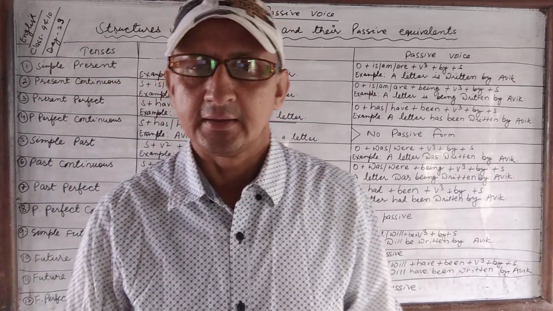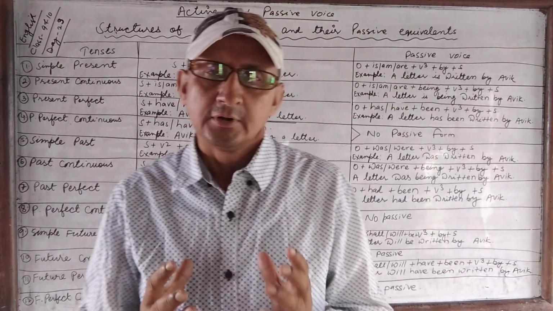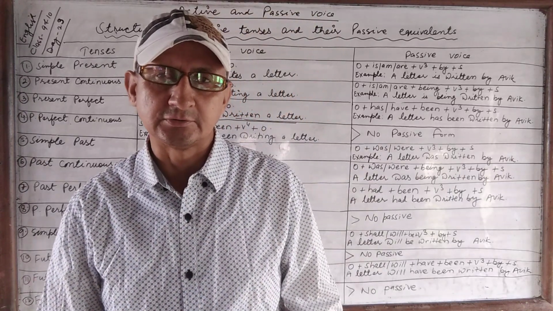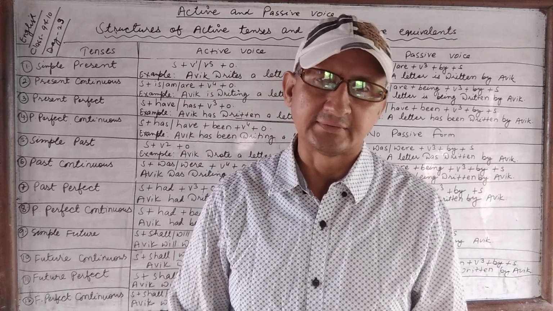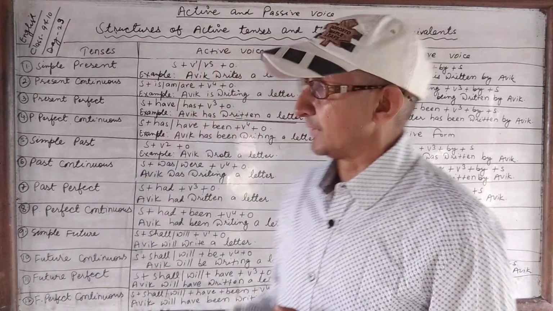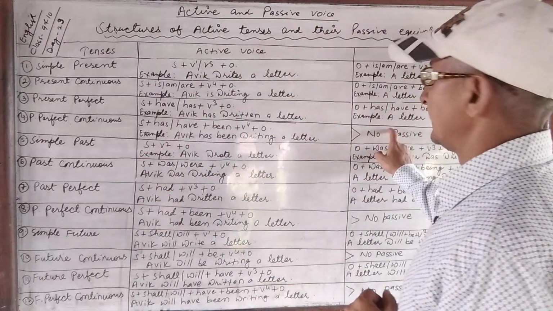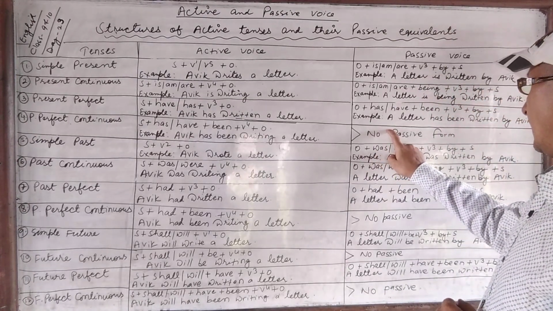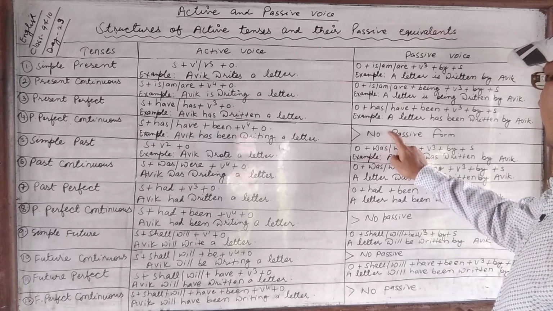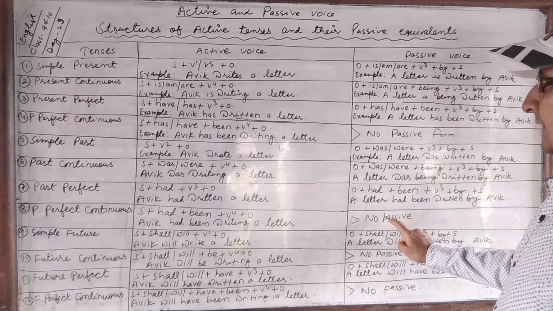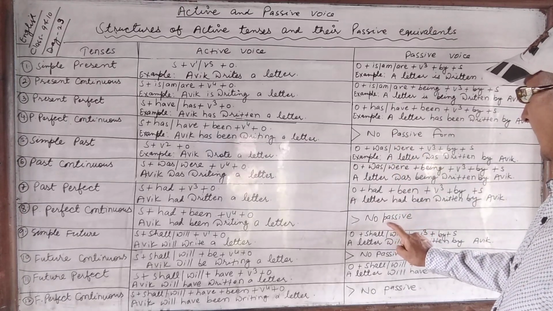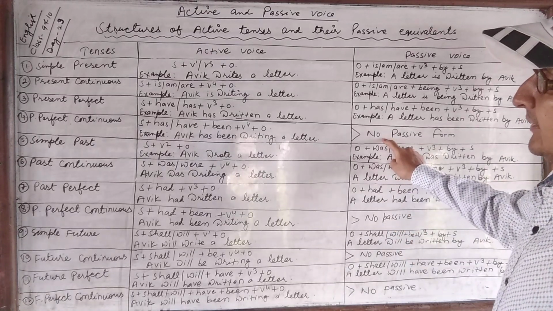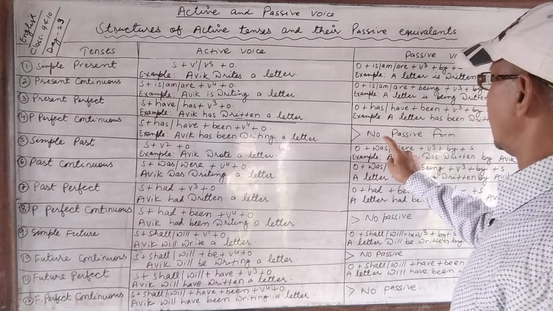Okay? In this way, four tenses can be converted into passive. The four tenses are present perfect tense and present perfect continuous tense.